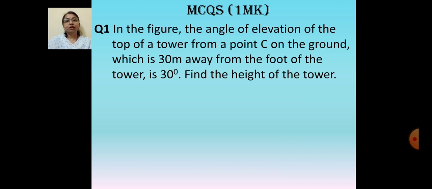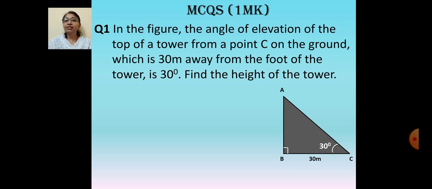So very short answer type question. In the figure, so this is that diagram, the angle of elevation of the top of a tower from a point C on the ground, which is 30 meter away from the foot of the tower, is 30 degree. Find the height of the tower. Right? So here all this diagram and everything you have to solve in rough.